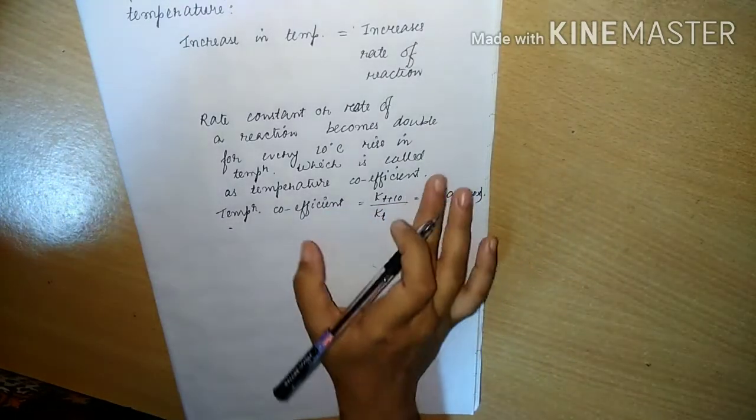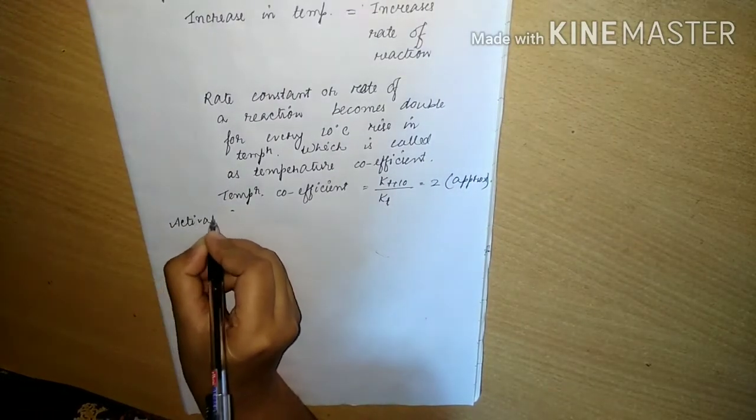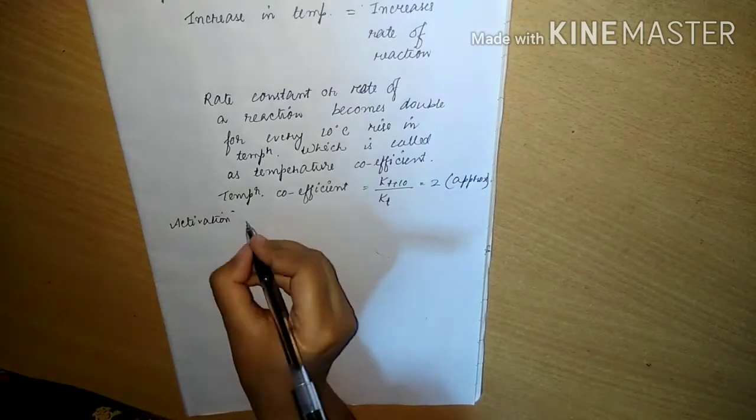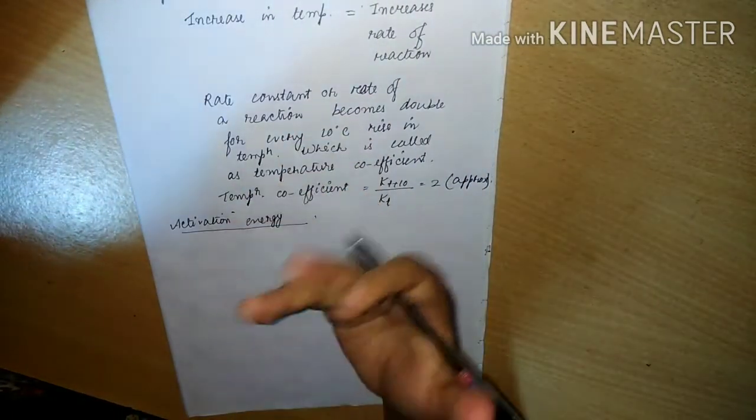That is how the rate depends on temperature, as I showed you. Next is the concept of activation energy. So first of all let me tell you what is activation energy.